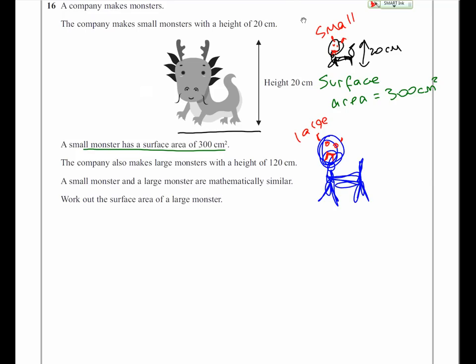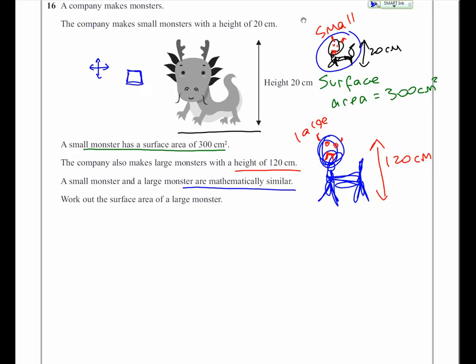Company also makes large monsters with a height of 120. A smaller monster and a larger monster are mathematically similar. So that means that literally, if I'd managed to get my computer to, you know that cursor that does that, and it just literally makes your thing bigger, and maybe you have to hold down shift.